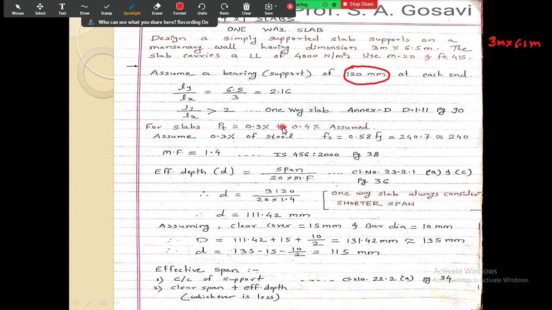For slab, normally the percentage of steel is taken from 0.2% to 0.4%.